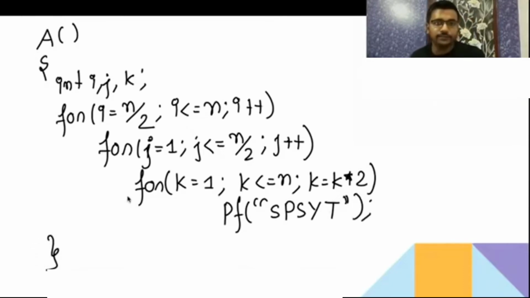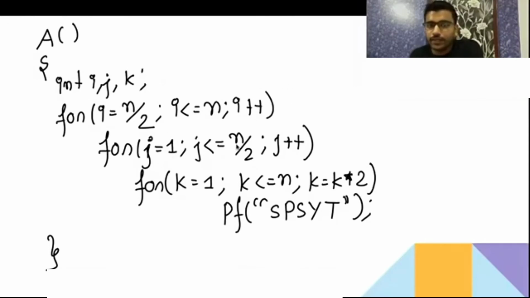Try to find. If you have understood all the concepts that I have taught you, then you will be able to give me the answer of that. Here all the loops are independent of each other. No dependency. Here it's increasing i plus 1.